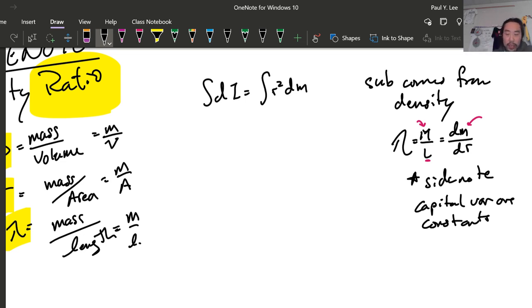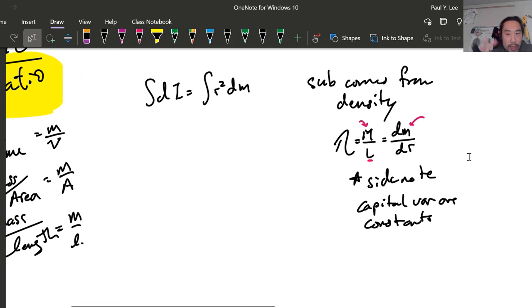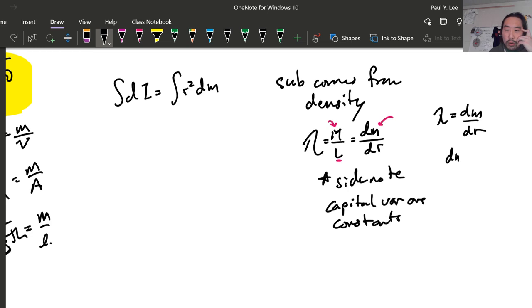Okay, so taking a look here, there's a lot of different ways that you could rearrange this formula to get what you need. So as a side example, we can say this is equal to dm over dr. And depending on the problem, the problem can say you've got to substitute in this.